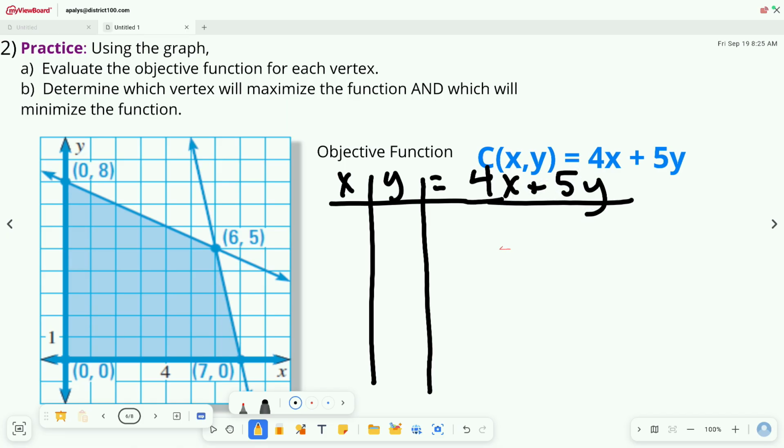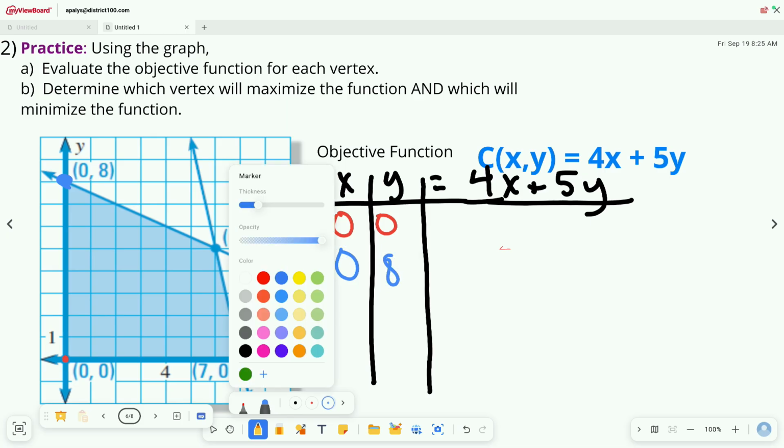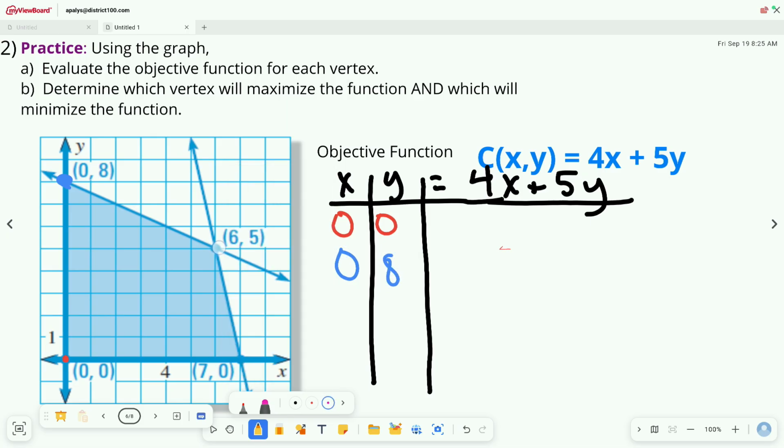So then we can just list out each of those points. We've got 0, 0. We've got 0, 8. We've got 6, 5.